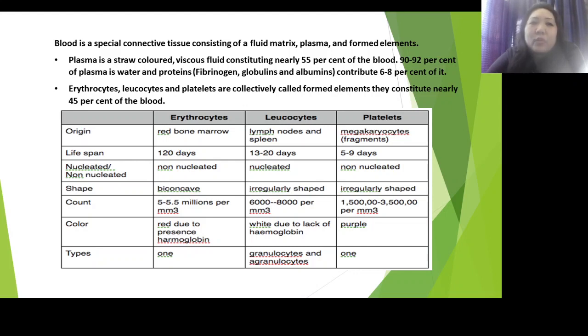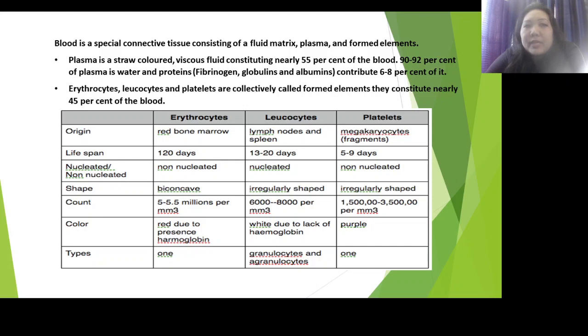Now let us have a look at the comparative anatomy of the formed elements. RBC originate from red bone marrow, leukocytes from the lymph nodes and spleen, and platelets from megakaryocytes.